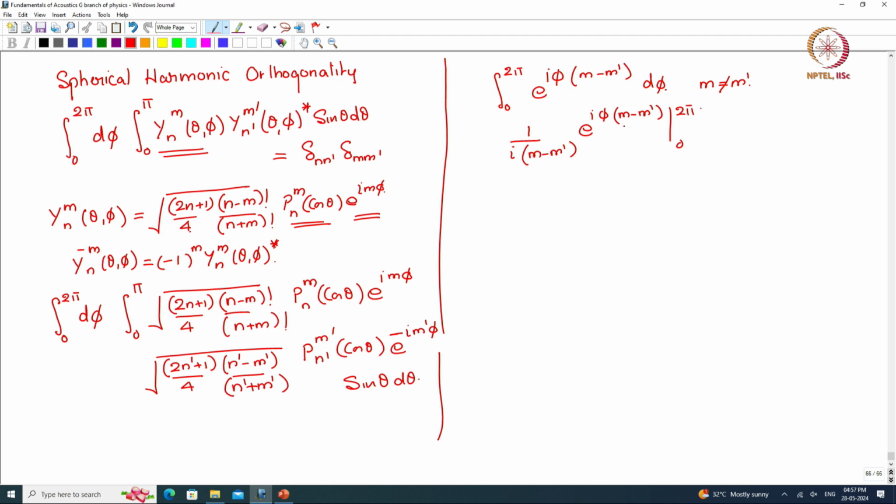So m and m' are both integers, so the difference is an integer. So evaluated at phi equal to 2 pi and 0, it is 0, so this is 0. And if m equal to m', then the exponent is 0, so this is 1, so I have 2 pi and I get 2 pi.